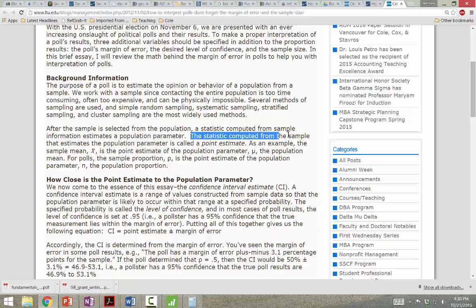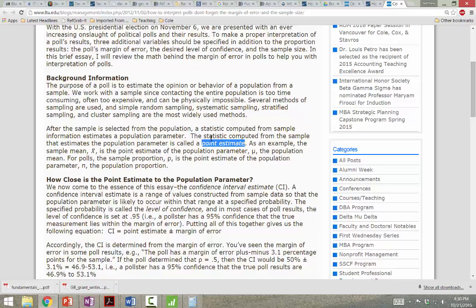The statistic computed from the sample is called the estimate or the point estimate.